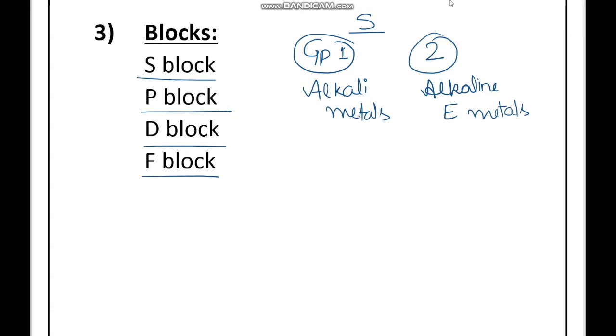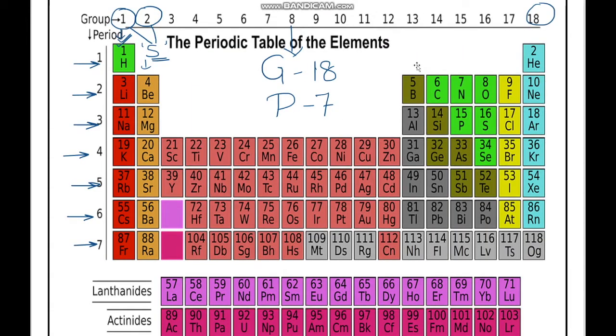Now let's talk about the P block. Now you can very well see that we do not have any elements in this particular part. But on the other hand, immediately after atomic number 1, we have atomic number 2 right here.